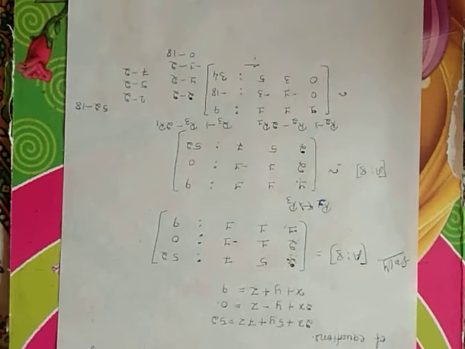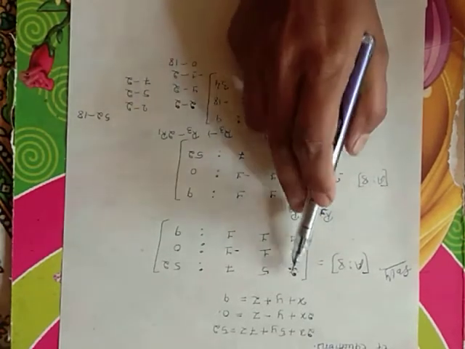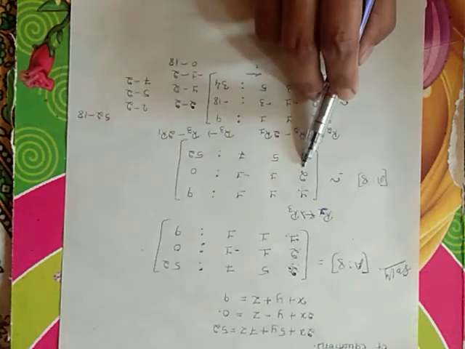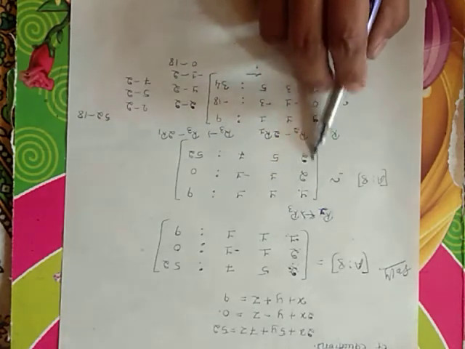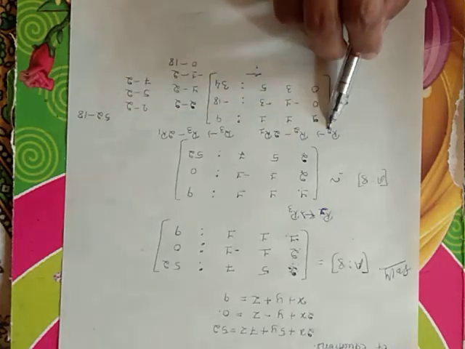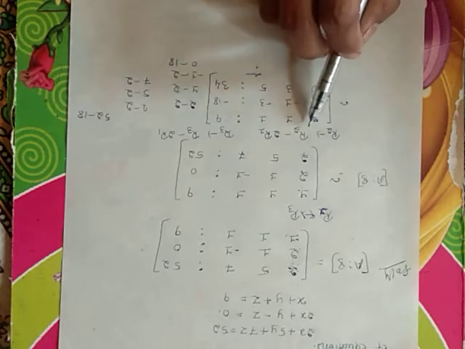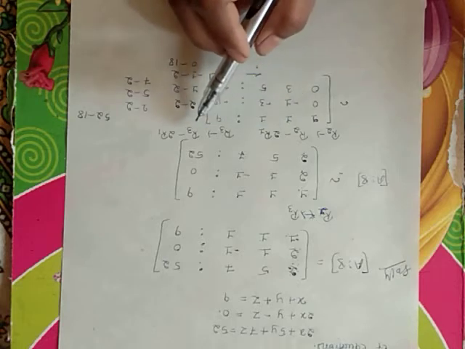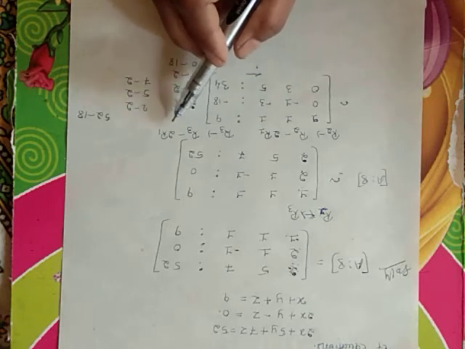After that, using the first element of the first row, I am going to convert the elements below this 1 to 0. To convert these two terms to 0, I am using the transformation R2 tends to R2 minus 2 into R1, and R3 tends to R3 minus 2 into R1.